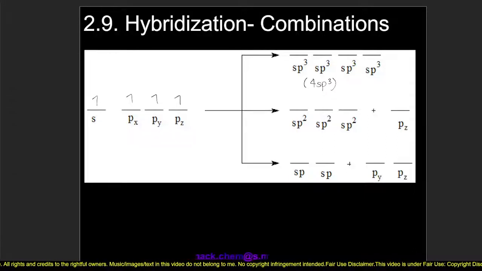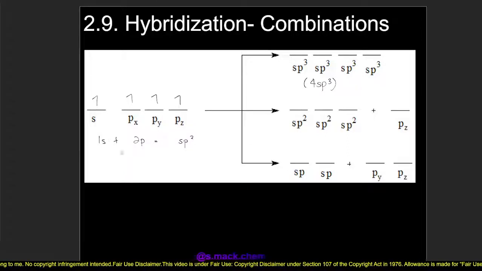Let's say instead of mixing 1s and 3p orbitals, we instead mixed only 1s and 2p orbitals. This would give rise to a hybrid orbital called an sp2 hybrid orbital.